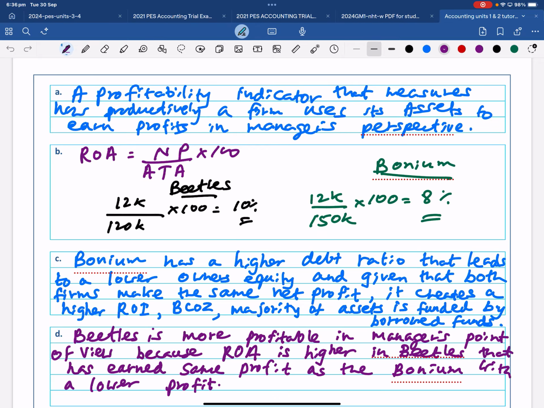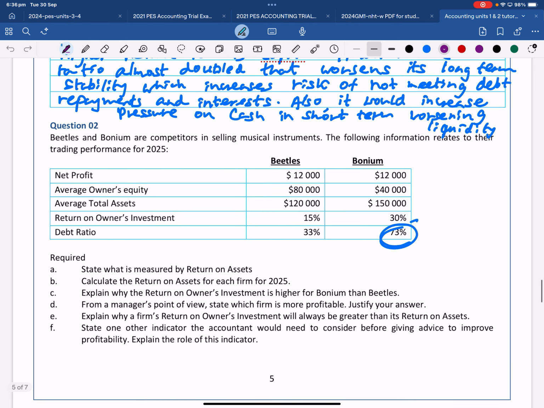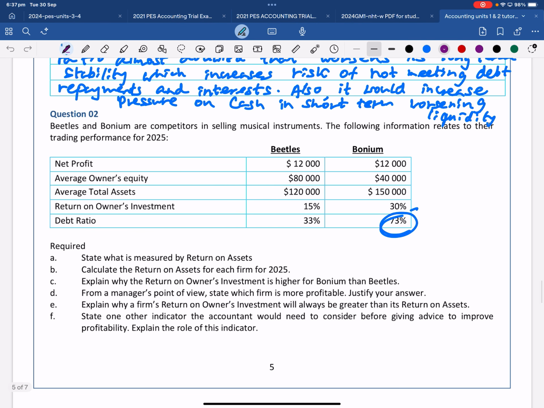They are based on the debt ratio, yes? So ROI in Beatles is 15%. Bonium has 30%. So Bonium's ROI is twice as much as Beatles. Why is it, guys? Because Bonium's debt ratio is higher, 73%. More than double, yes?